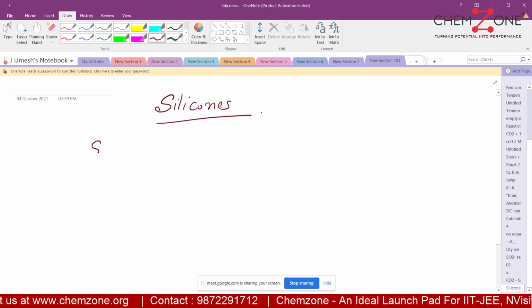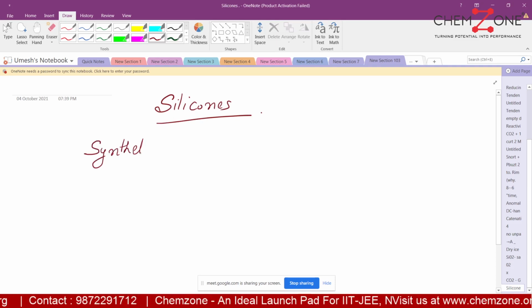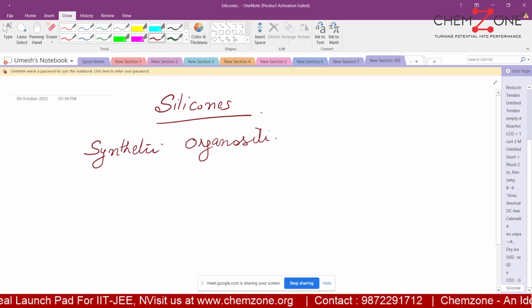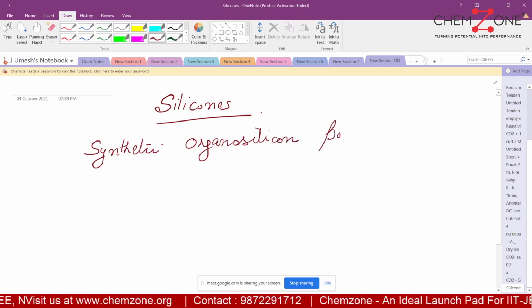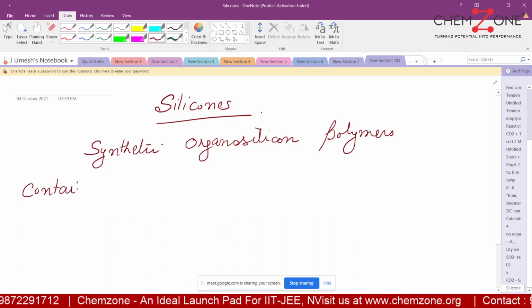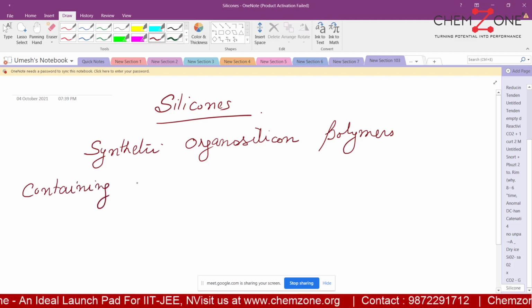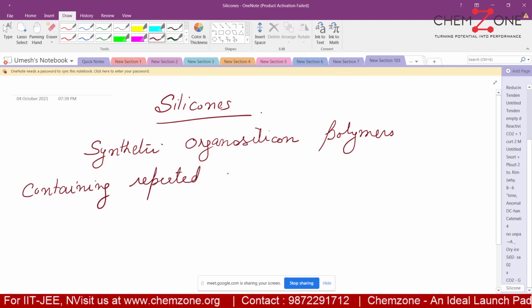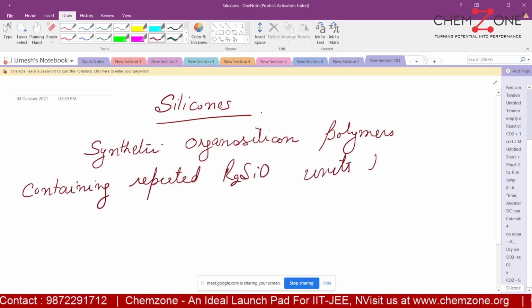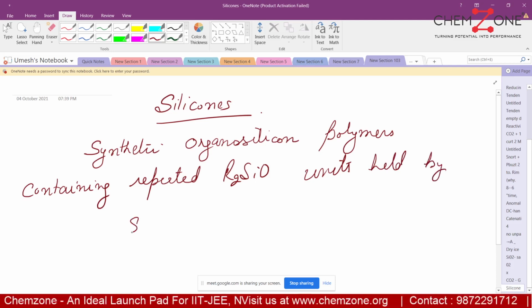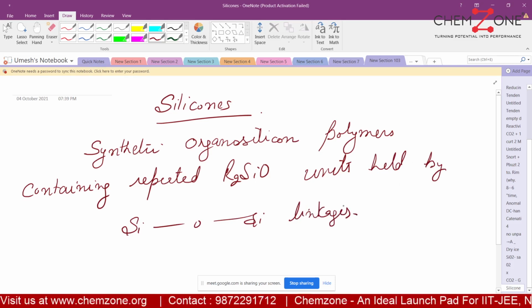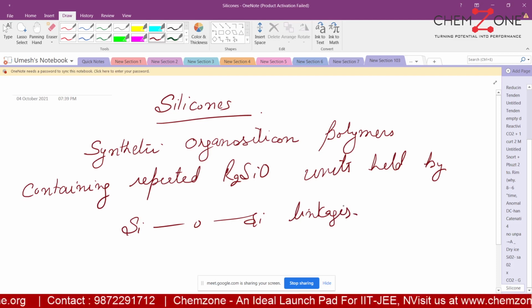Silicones are synthetic organosilicon polymers containing repeated R2SiO units held by Si-O-Si linkages.